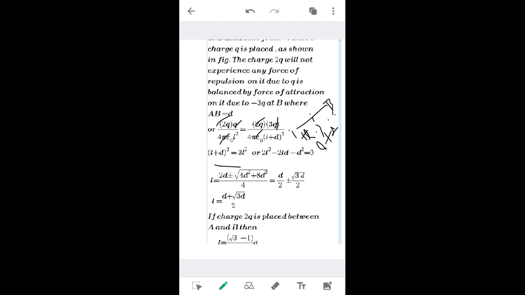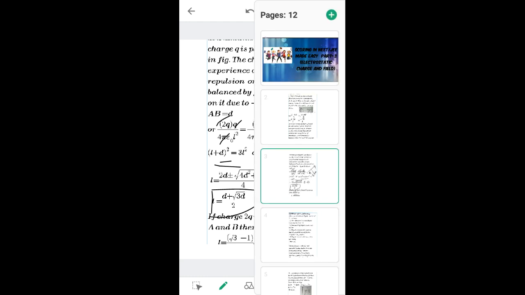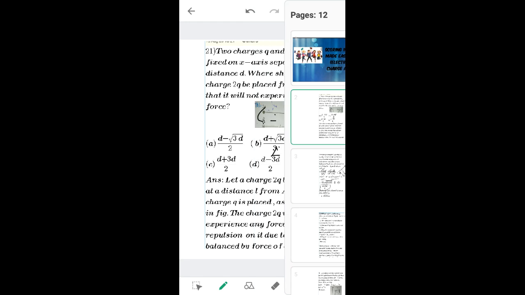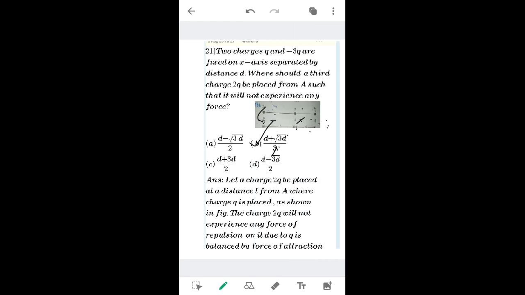Now when we expand this, what equation do we get? 2L square minus 2LD minus D square equal to 0. So we will solve the quadratic equation. What answer we get is L equal to D plus root 3D by 2. Which option is correct? The B option is correct.